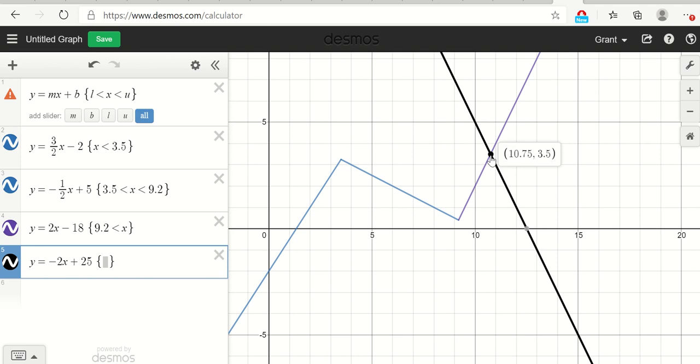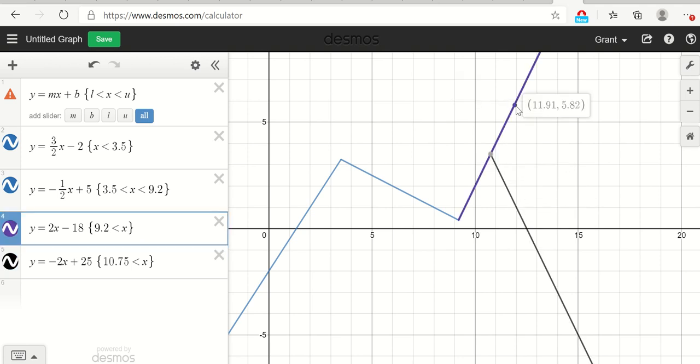So for this black line, I will only allow x values that are larger than this intersection point at 10.75. That's where they connect, right? This black line and this purple line connect at an x value of 10.75. So here, I only want to allow x values that are larger than 10.75. So there we go. I've restricted the domain for that black line.